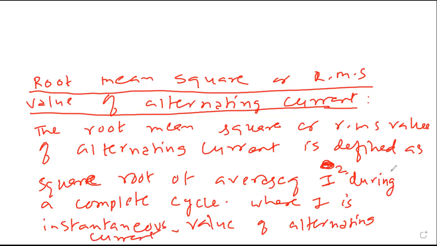The square root of average of I square during a complete cycle, I is called instantaneous value. Just write this much, then I'm deriving the formula. I square's mean and its square root is called as RMS value.